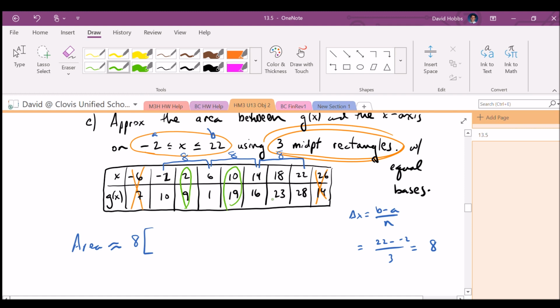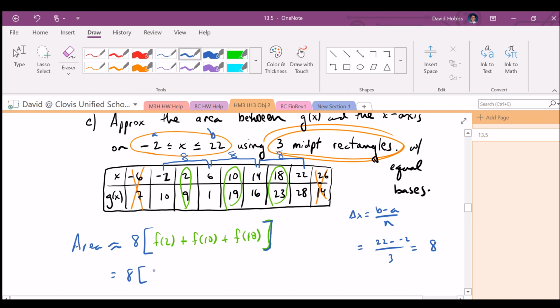From 14 to 22, the midpoint is going to be at 18. Okay, so f of 2, f of 10, f of 18. And if we distributed the 8, obviously we have base times height for each one of those. But it's nice, if the bases are equal, to go ahead and pull that out.